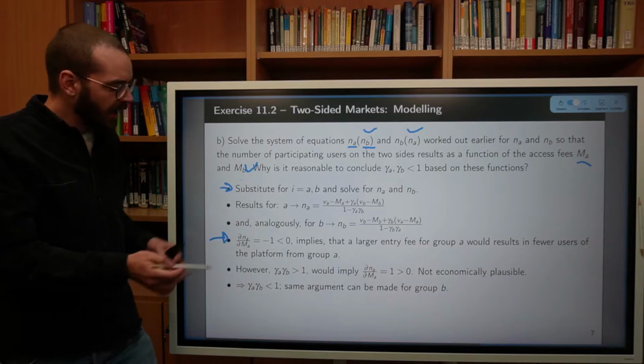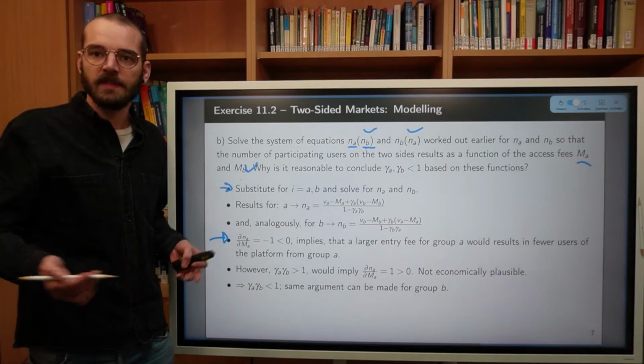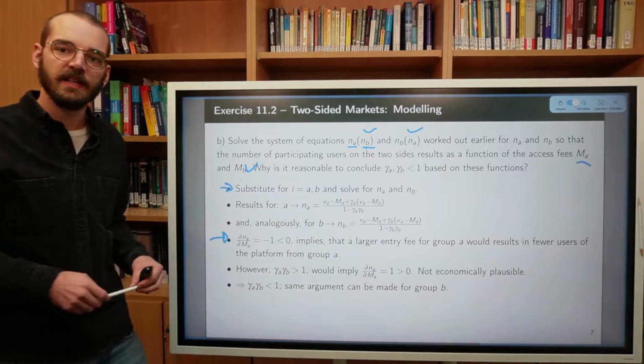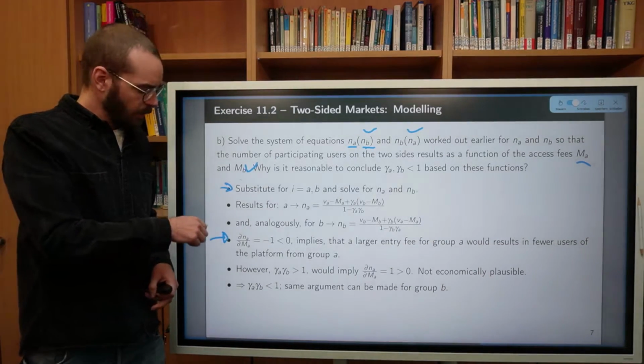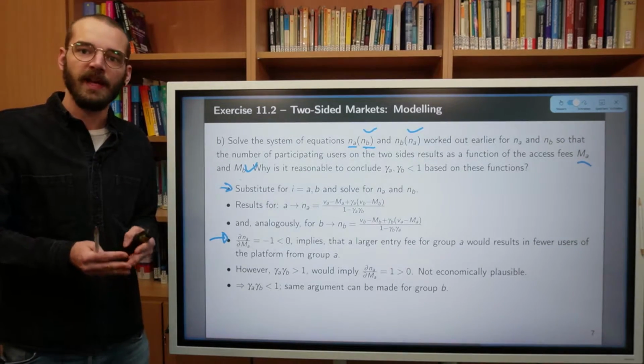So we are looking at the partial derivative of the number of users from some group, starting with A in this particular case, with respect to the participation fee of group A.